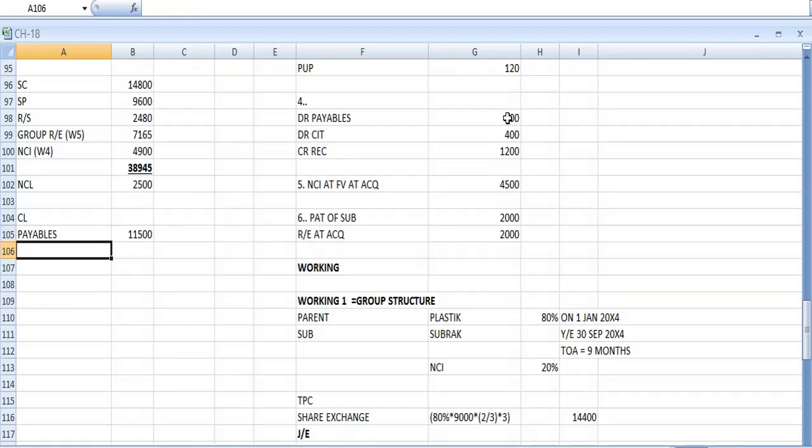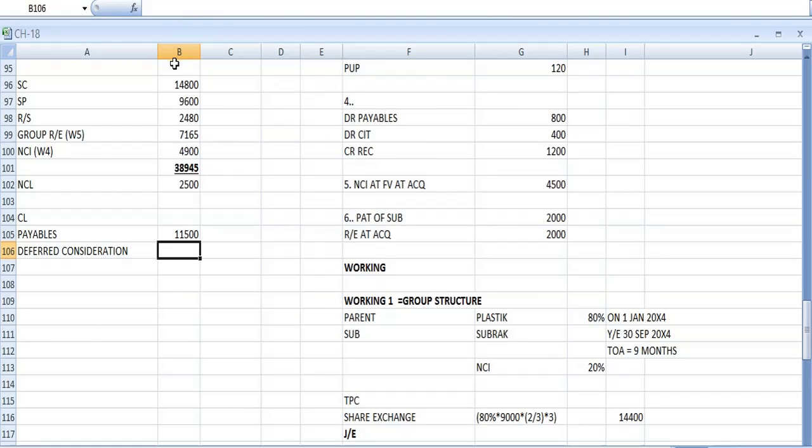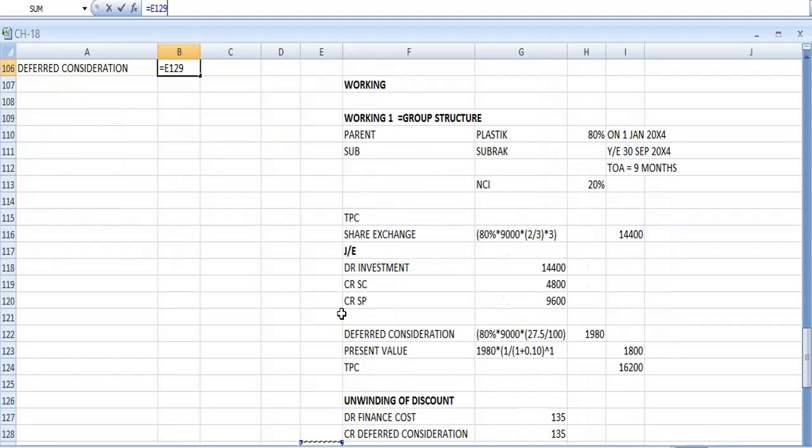One more thing we need to record in the current liability is the deferred consideration we have calculated in the total purchase consideration in working 1. The deferred consideration needs to be paid within 1 year, so we need to record it in the current liability. So we will add the present value; just go through the journal entry we have passed.